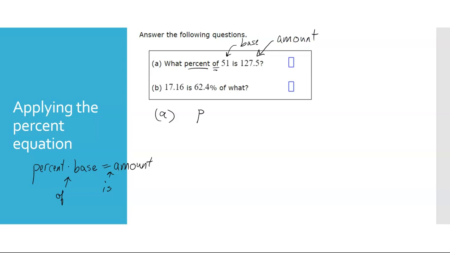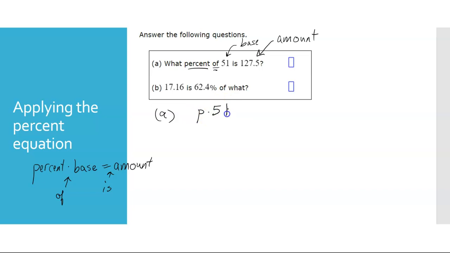Sometimes problems like this are included because we're accustomed to thinking of the base as the larger value. In this case, that's not true. So I'm going to expect that the answer is going to be more than 200% because there's such an increase from the base to get to the amount.